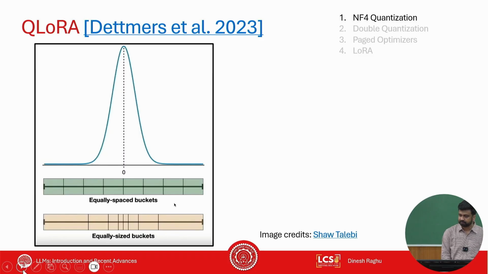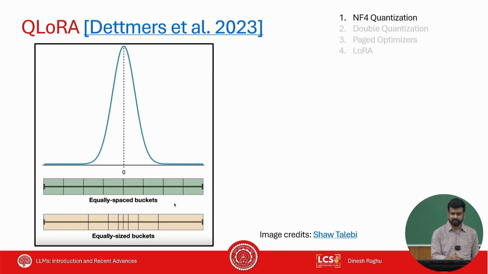So let's talk about what NormalFloat quantization is. Since it is 4, it is clear that it's a 4-bit quantization, right? And float, again, represents floating-point numbers, and N here represents a normal distribution, right?